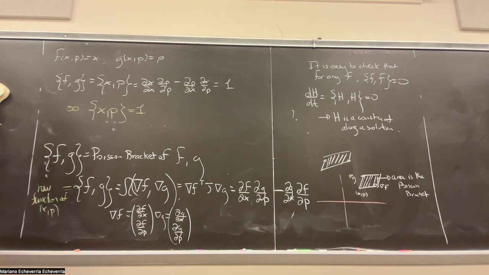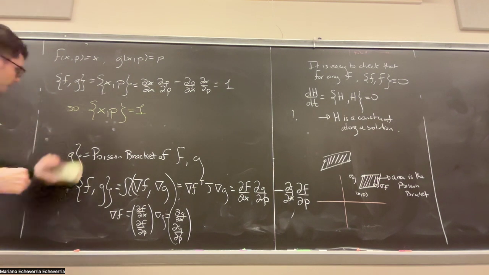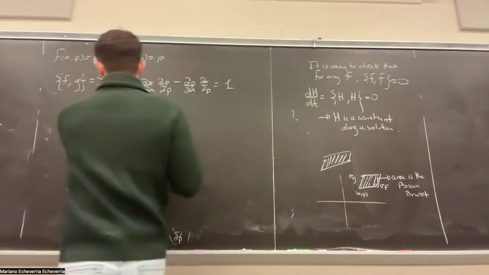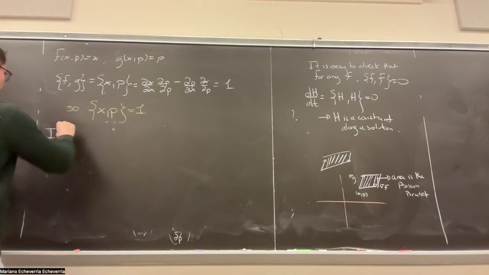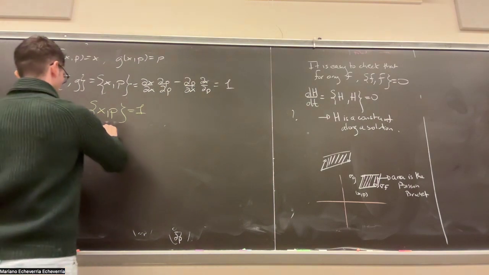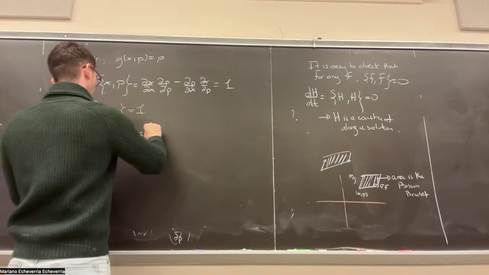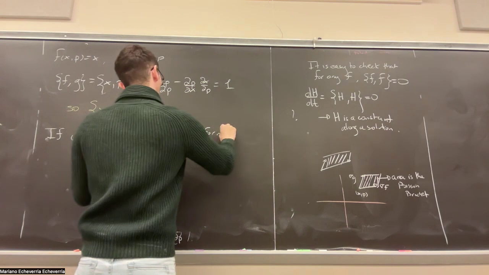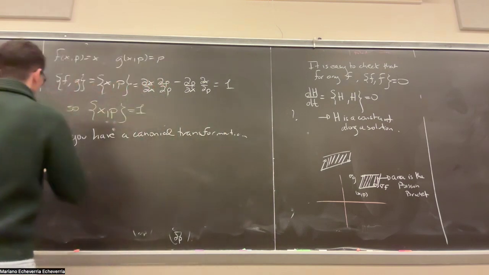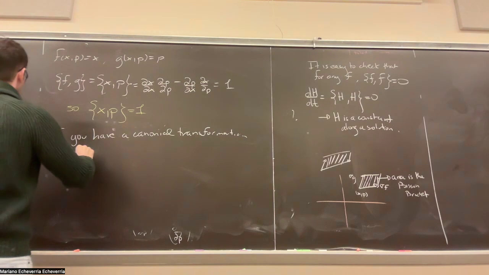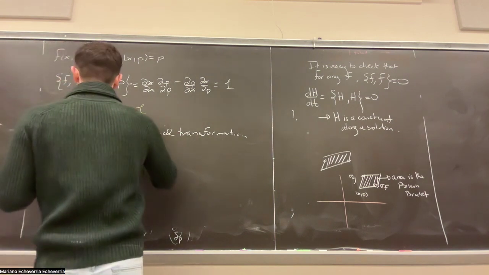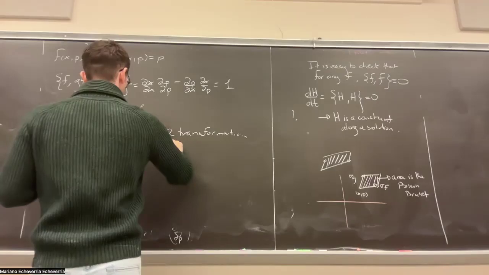And the point of a canonical transformation: now I'll use different letters so that it's not confusing, think of x as a function of x prime, p prime, and p as a function of x prime, p prime.